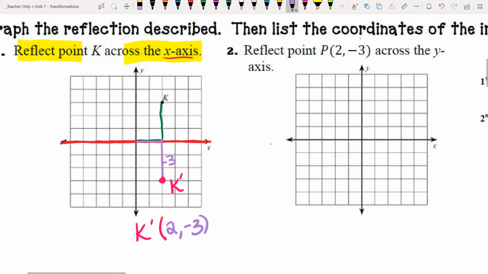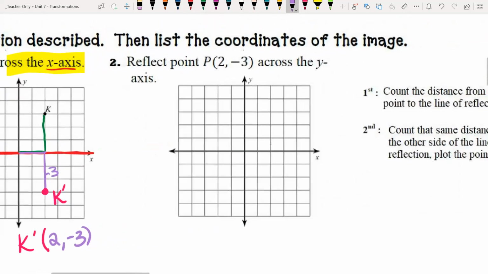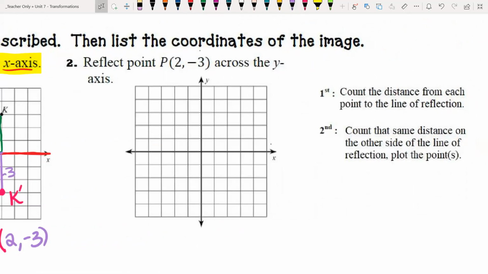Okay, so we're going to kind of do the same thing. So we want to reflect the point P (2, -3). First we're going to graph that point. 2, -3 is right here. This is P. Then we want to count the distance from each point to the line of reflection. The line of reflection is the y-axis. Here's my line of reflection. So it's down 3, right 2.